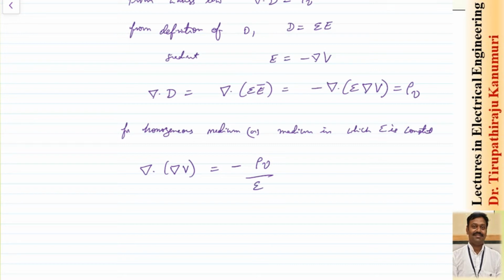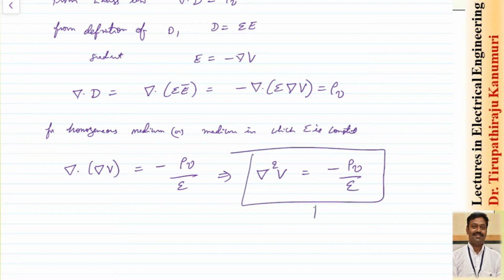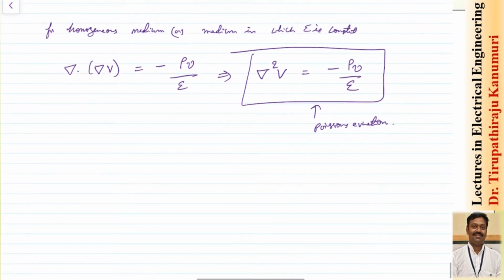It can be taken out only in this case, otherwise epsilon cannot be taken out. The divergence of gradient of a scalar is given by del square V. So del square V is equal to minus rho V by epsilon. This equation is called Poisson's equation for a uniform medium.